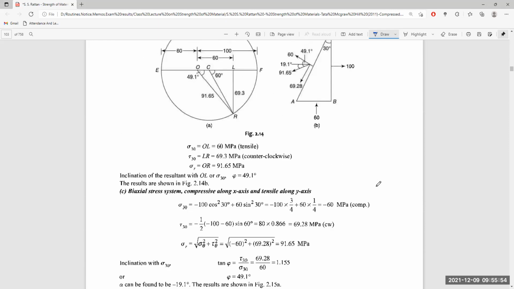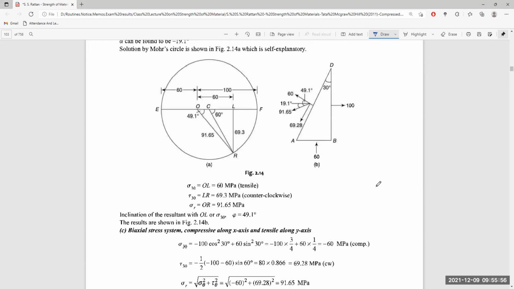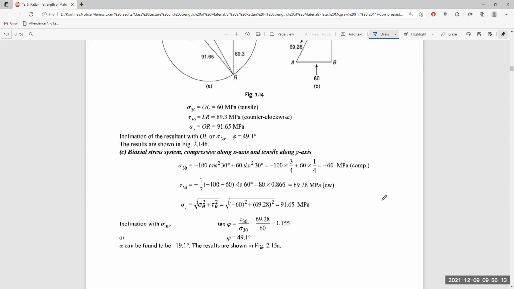Here, for number C, sigma x is minus 100 MPa and sigma y is 60 MPa.